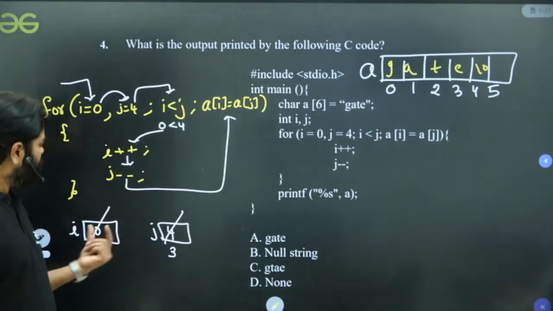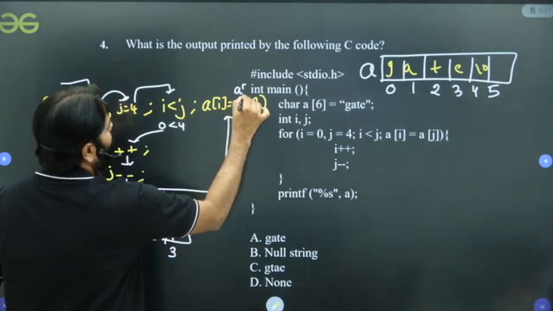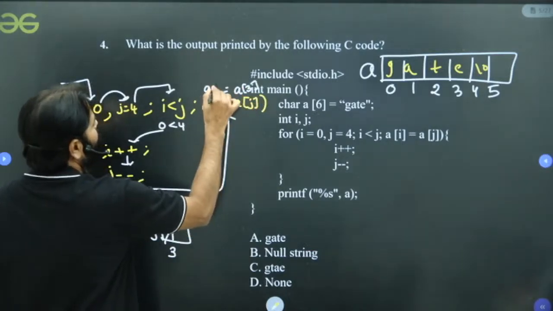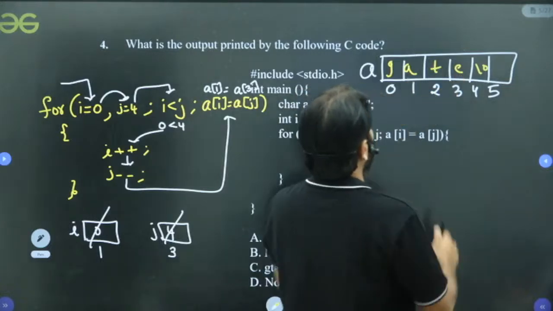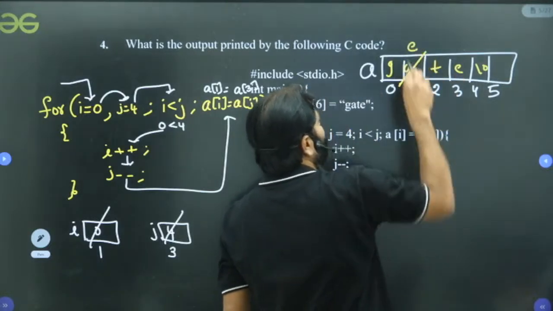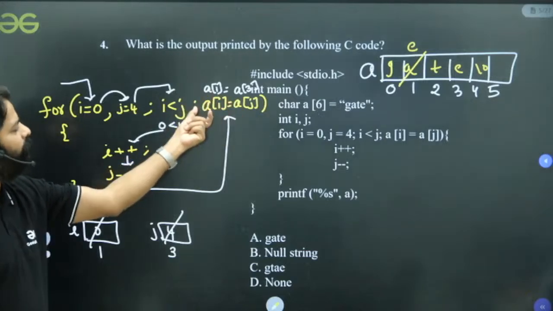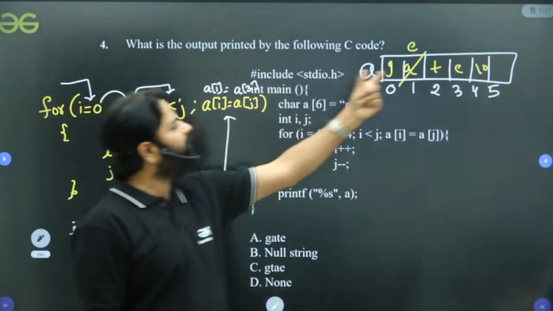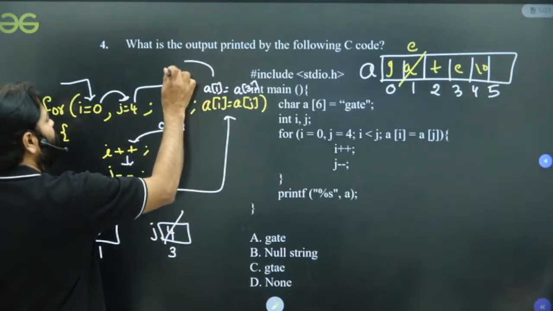A of 3, you should move to A of 1. यहां पर A of 3 जो है ये है, या A है, तो इधर E जाएगा. So understand, A of 3 जो है, this value should move to A of 1. Now that E will come to this position. After that, we'll come here.